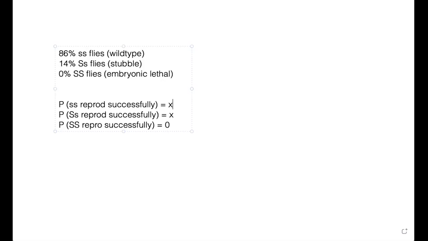Any given fly might not for any one of a number of reasons. But if left to their own devices, stubble flies and wild type flies, we're saying in this problem, have equal probabilities of surviving and reproducing. However, there's also the fact that the experimenter is removing 60% of the wild type flies before they can reproduce at all.